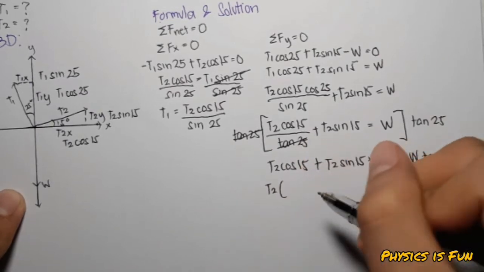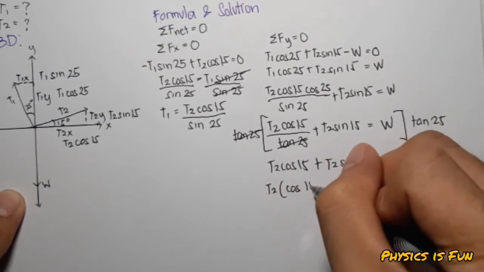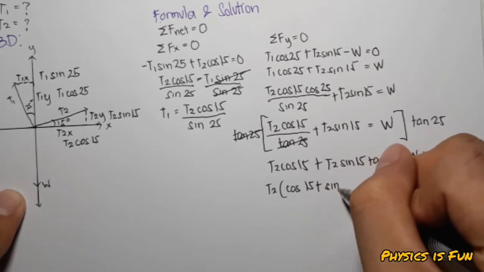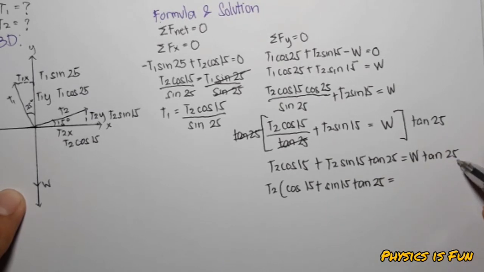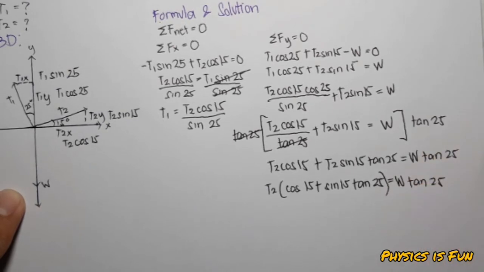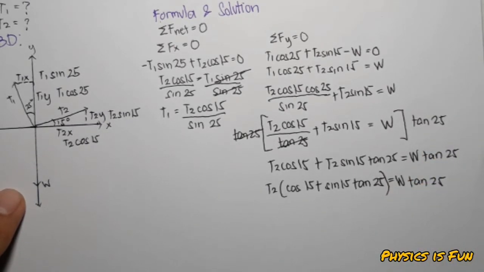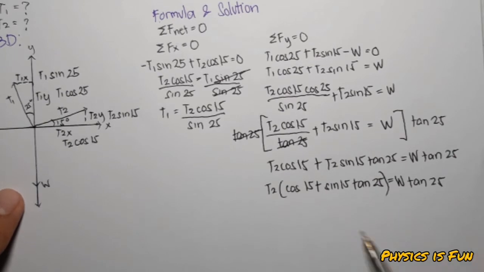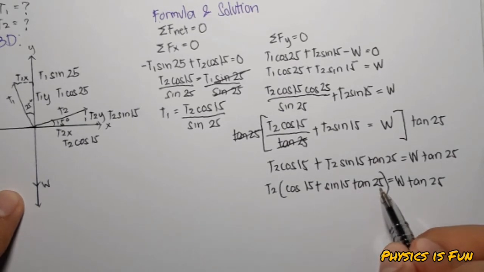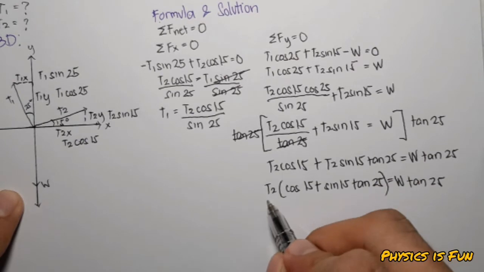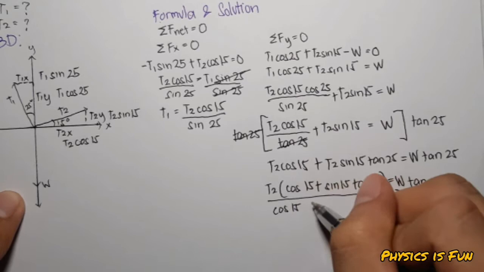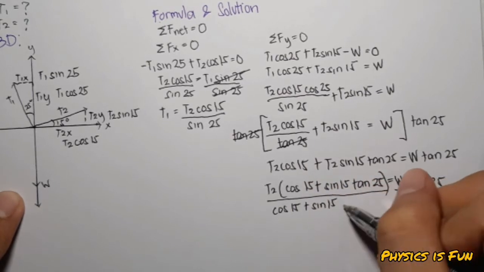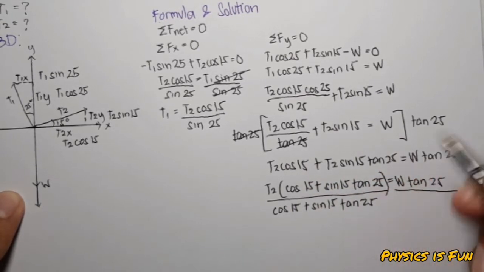Tension 2 multiplied by cosine 15 plus sine 15 tangent 25. And we just need to copy this. Weight tangent 25. And now to have the answer in tension 2, we need to remove these quantities. And again, we will just divide both sides by those quantities. Cosine 15 plus sine 15 tangent 25.